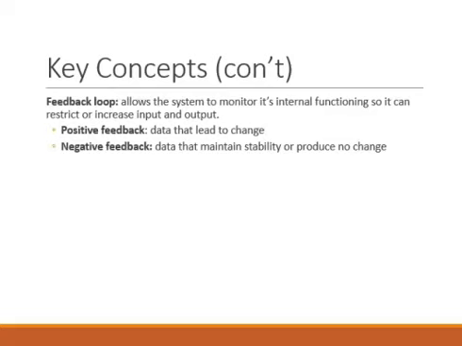And then we have negative feedback systems, or just negative feedback. Negative feedback helps maintain stability. It does not produce change. It's not necessarily bad for a system, even though you think negative equals bad.